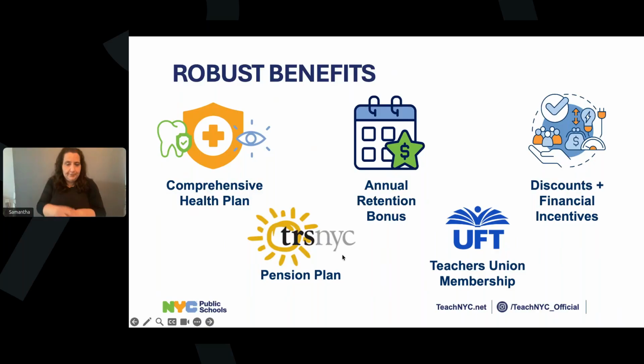You then also have membership with the UFT or the United Federation of Teachers. Also enrollment in a pension plan. And there's also other great discounts and financial incentives that New York City Public Schools teachers can take advantage of. This includes things like commuter benefits, a college savings program, and more.